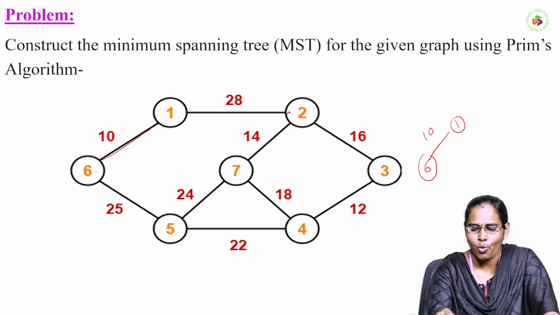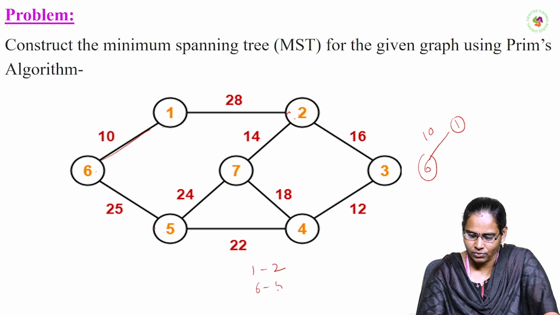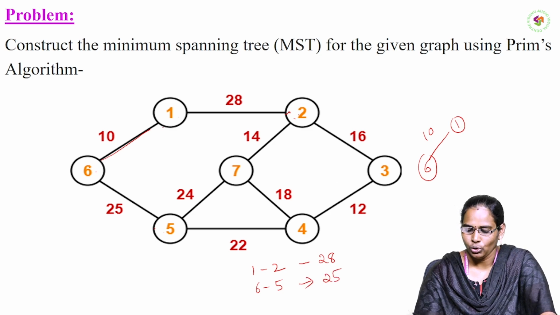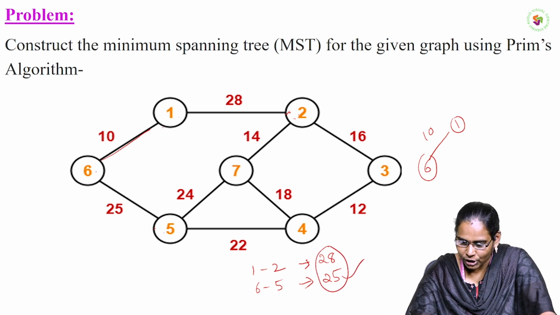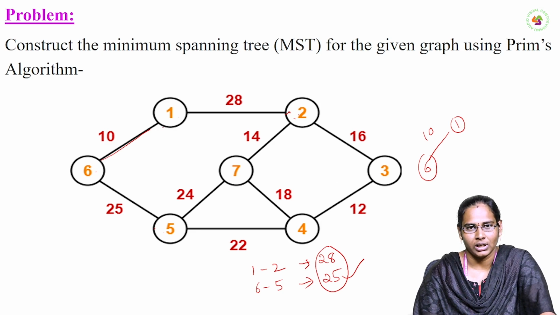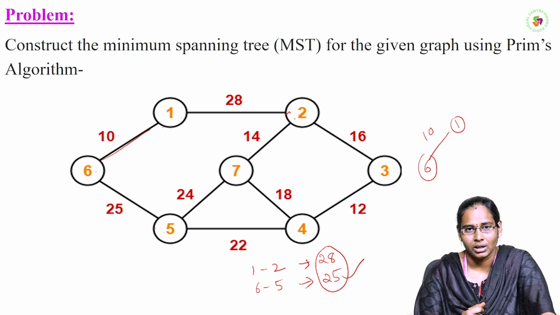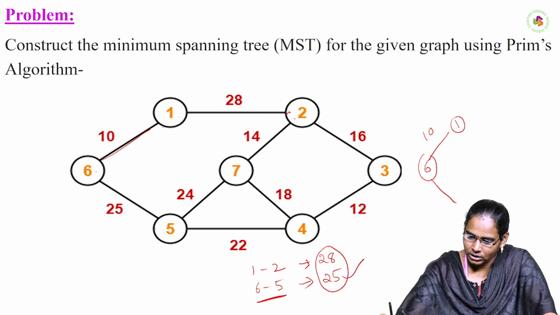So you have to consider 1 to 2 and 6 to 5. 1 to 2 weight is 28 and 6 to 5 is 25. So you have to select these two. Now among these two, the one having the minimum cost will be selected to connect to the spanning tree. So that's why you have to select the 6,5 edge with the minimum cost 25.